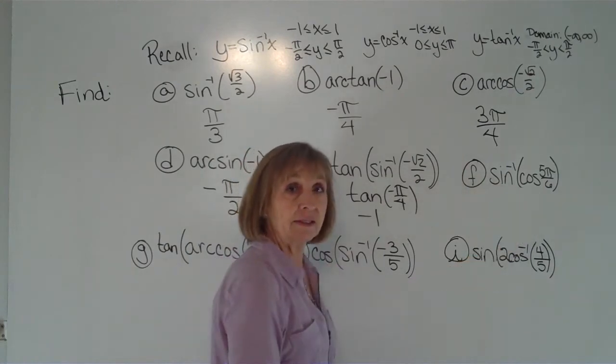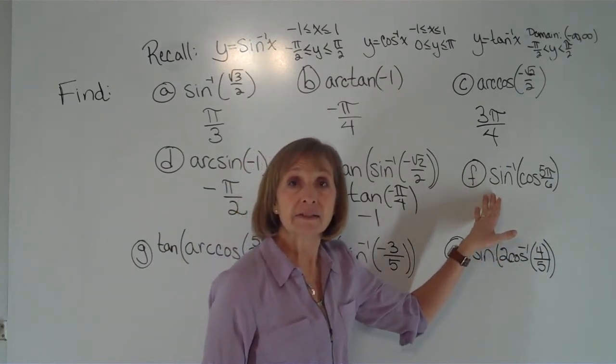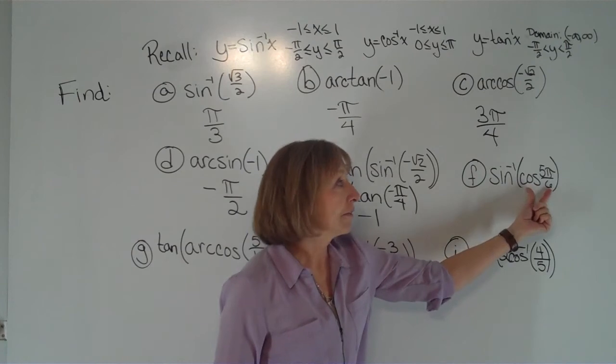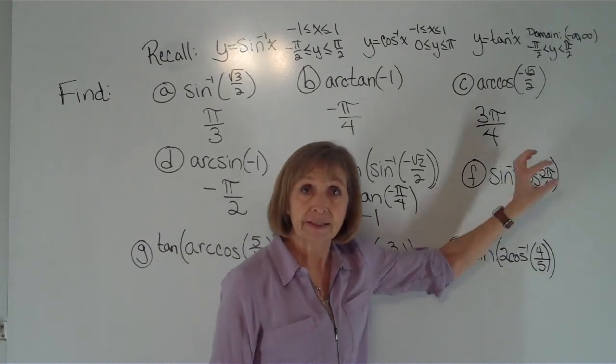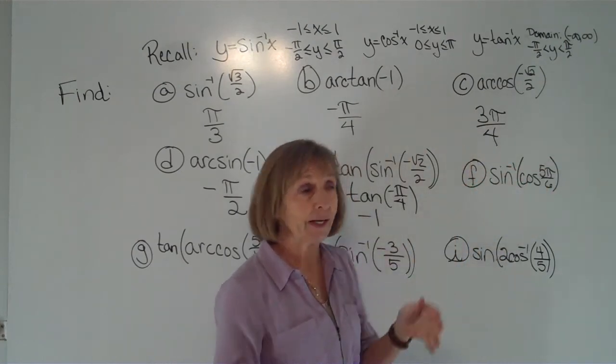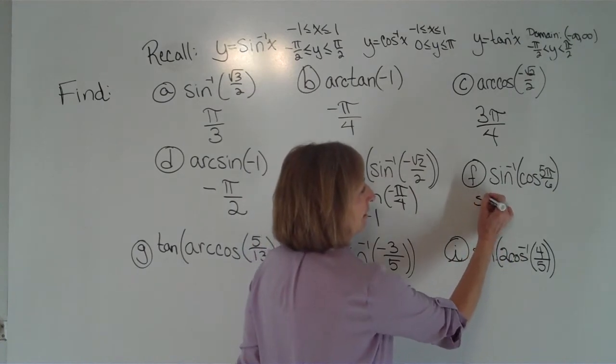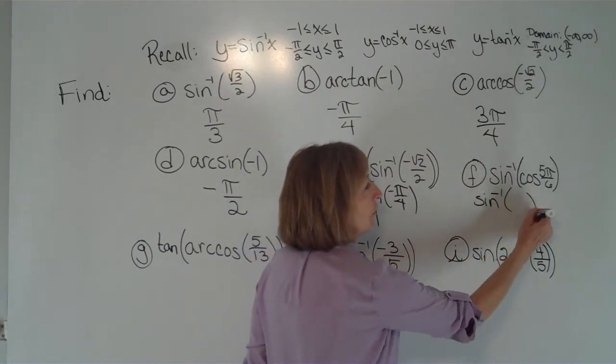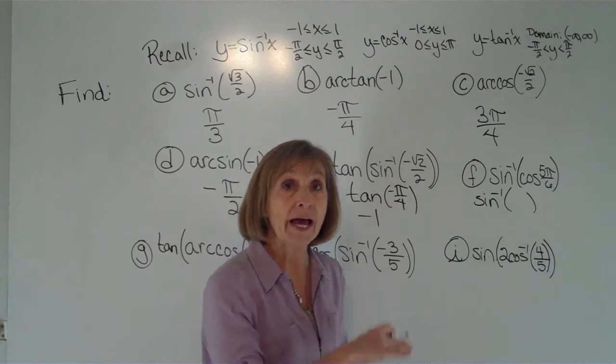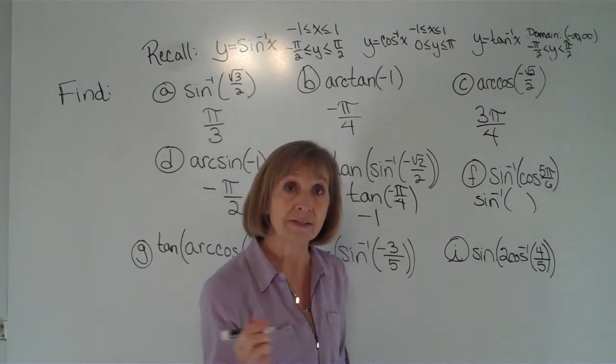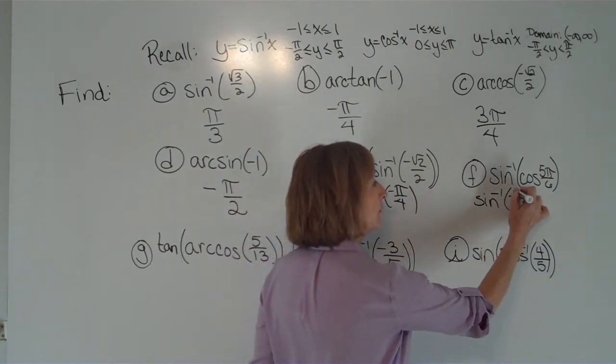How about the next one? Here, it's the inverse sine of the cosine of 5π/6. So start from the inside and work out. So we're going to have inverse sine of, well, the cosine of 5π/6 is -√3/2.